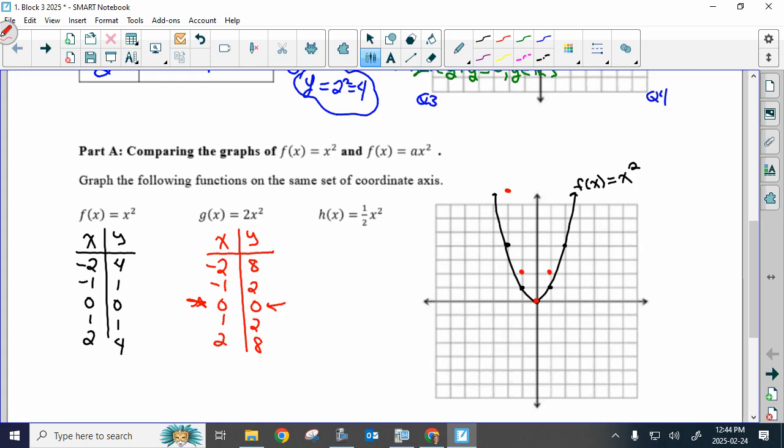how would you describe what did the 2 do to the shape of the parabola? Like using your words, like what would you say happened from the black function to the red function?